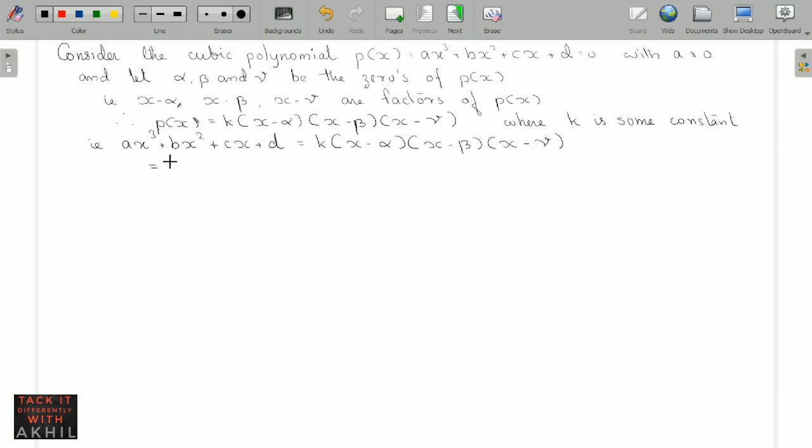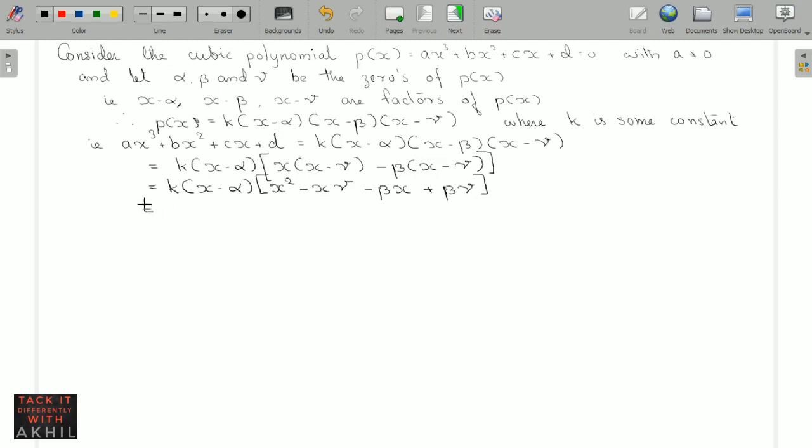Now applying the distributive property and simplifying, we have k into x minus alpha into x minus gamma minus beta into x minus gamma. Now opening the inner brackets, we have k into x minus alpha into x squared minus x gamma minus beta into x plus beta gamma.